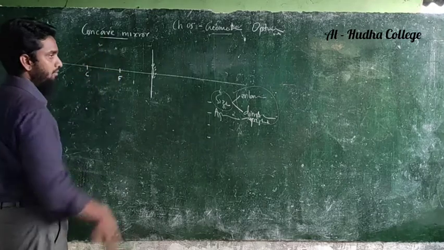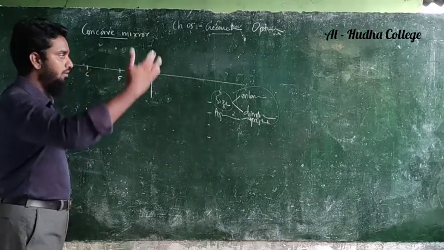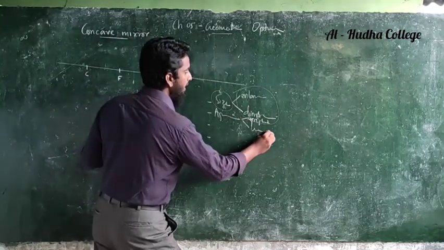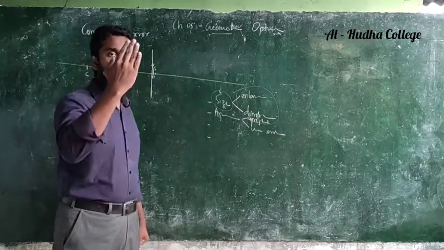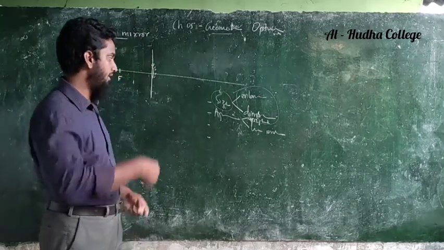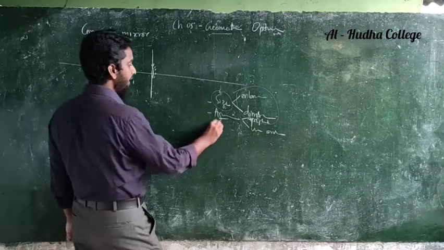When you look at the mirror, you are in the same manner, you are upright. Or it can be vertically inverted. Inverted means you will look at your image vertically inverted, at the other side. That is the appearance.